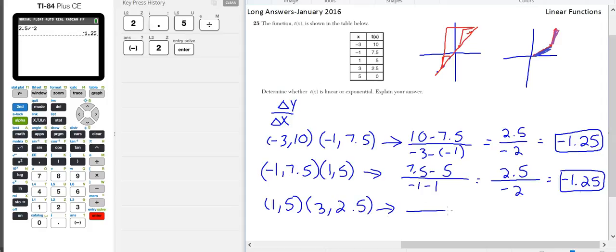Now let's find the change in y values over the change in x values. Change in y values, 5 minus 2.5. Change in x values, 1 minus 3. 5 minus 2.5 is 2.5. 1 minus 3 is -2, which is the same fraction as before, so reduced that would be -1.25.